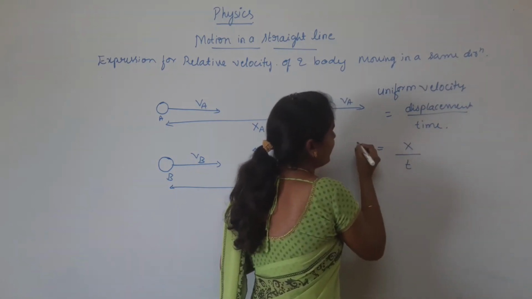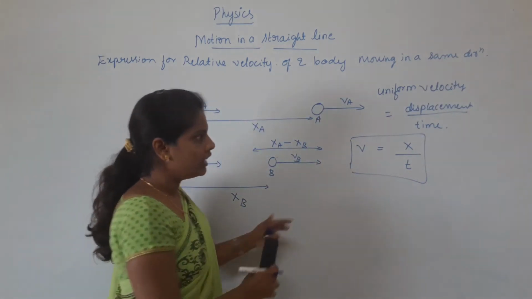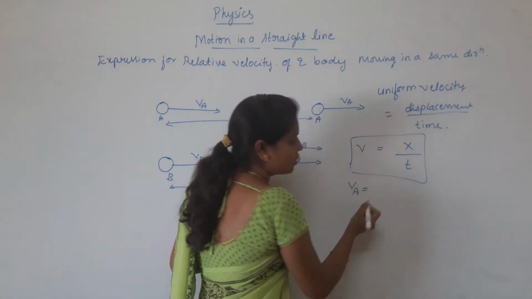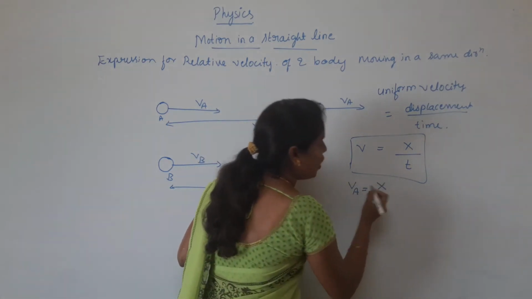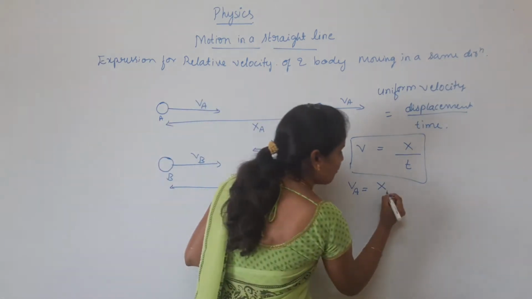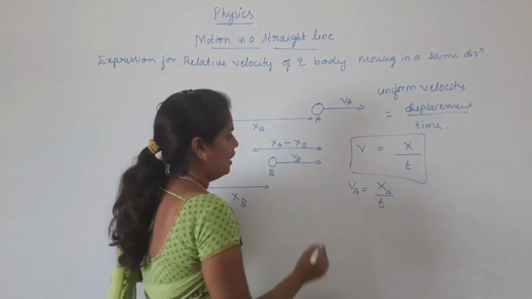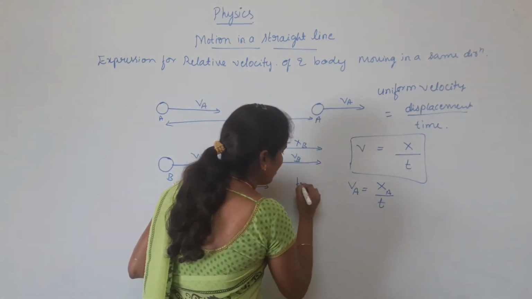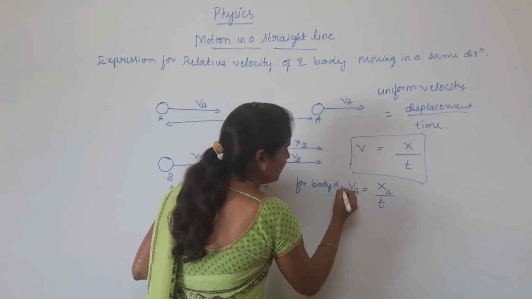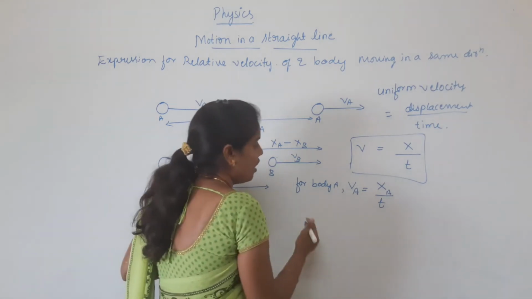This is the equation for velocity. But now, the velocity of body A is VA equals the displacement of A, xa, divided by time t. Similarly, for body B, VB equals xb divided by t.